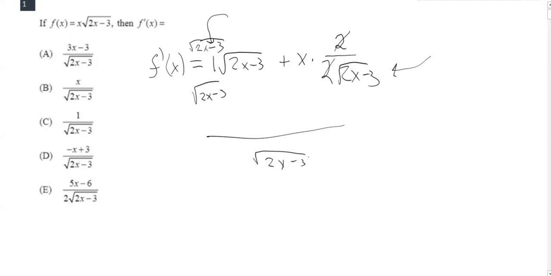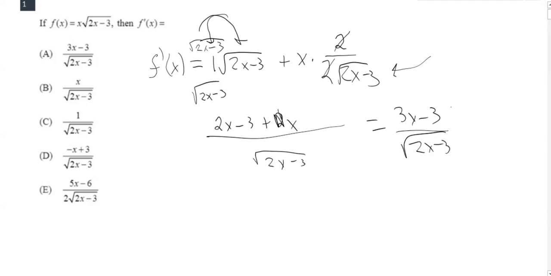And then the root 2x minus 3 here and this one multiply together to give you 2x minus 3 plus x, not 2x. So this gives you 3x minus 3 over root 2x minus 3. Okay, that's our derivative, which is also choice A in this situation.